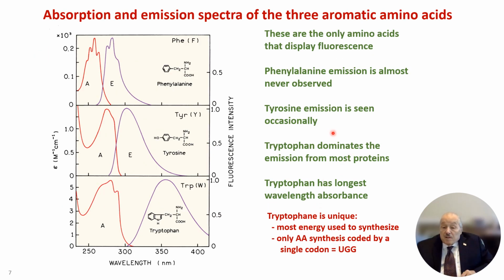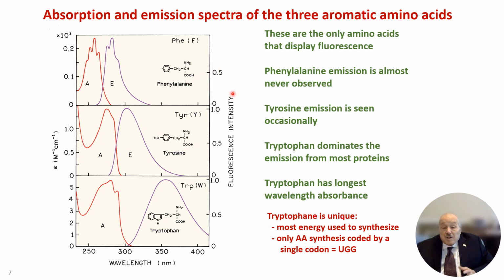Well, first let's look at their spectra. The other amino acids don't have any absorption out in this range, maybe some down in the 250 range, but the amino acids that absorb at 250 and longer are really only the three I just mentioned, the phenylalanine, the tyrosine, and the tryptophan. In terms of what we observe with proteins, it's pretty hard to find a protein where you can see phenylalanine emission.